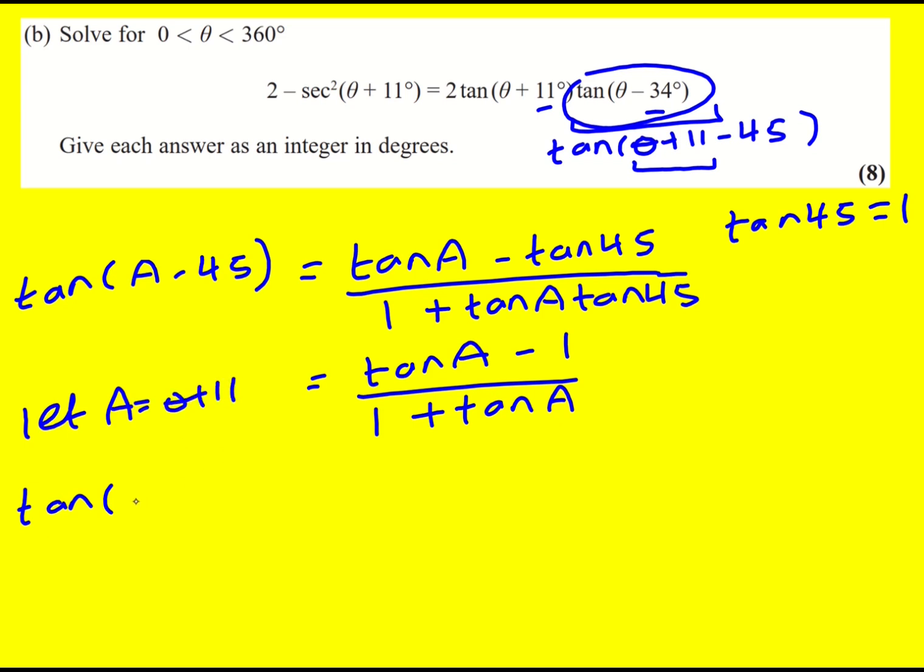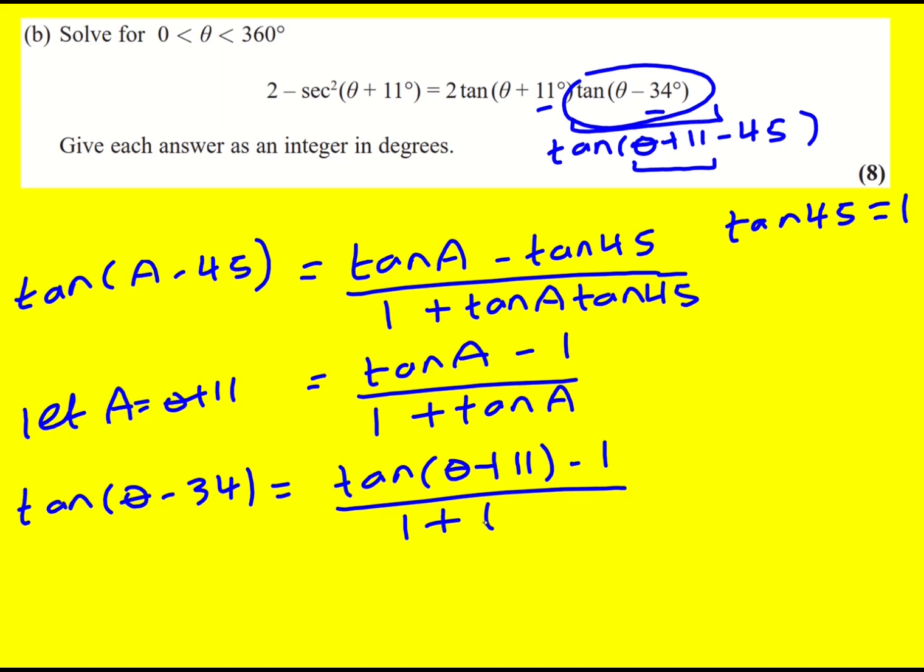So tan of theta minus 34, sorry, I've already let A equal. That's going to equal tan theta plus 11 minus 1 over 1 plus tan. You can already see this is getting more complicated because we've got a fraction.